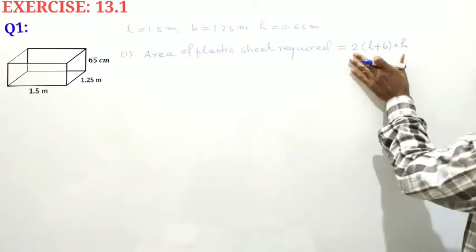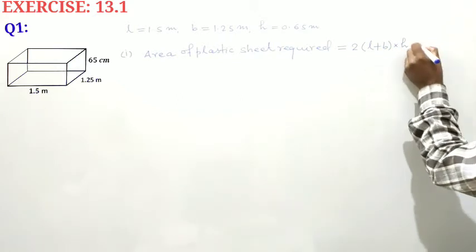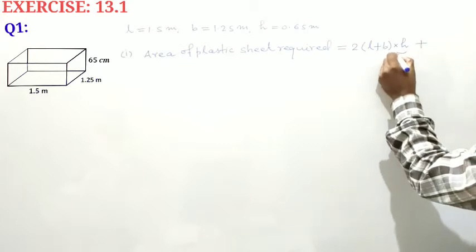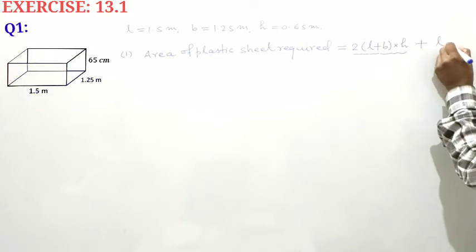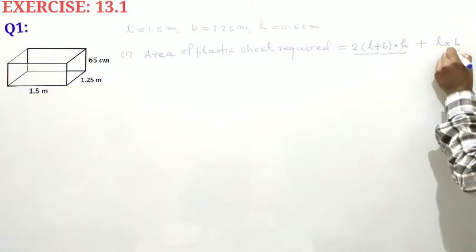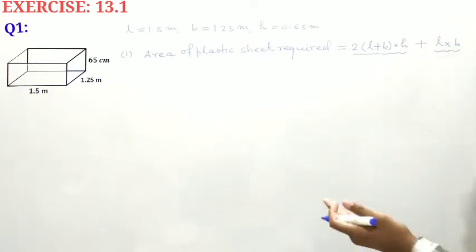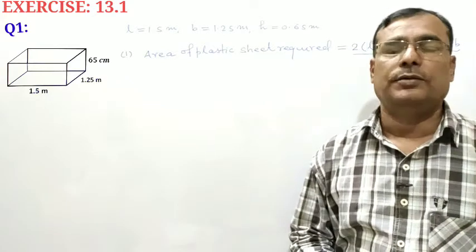This is the lateral surface area, that is the area of four vertical walls of the cuboid, plus length into breadth. This is the area of the base of the cuboidal plastic box.